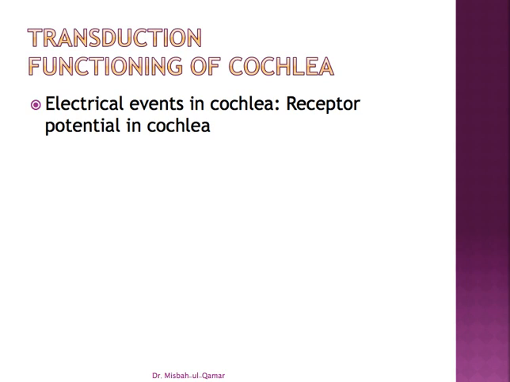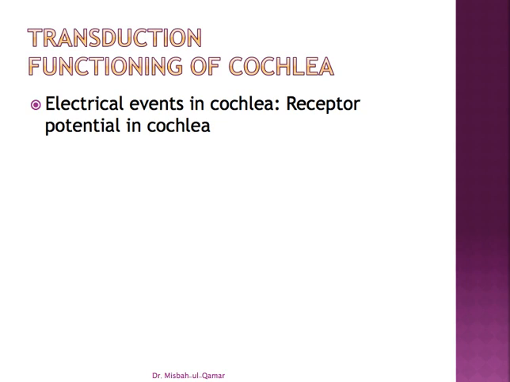Now, this is a microphonic potential. It is the cochlear microphonic potential. Now, this cochlear microphonic potential is a graded potential. And this graded potential is called the receptor potential of the hair cells.